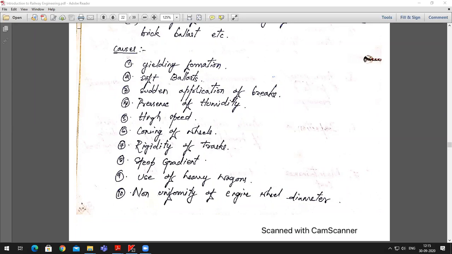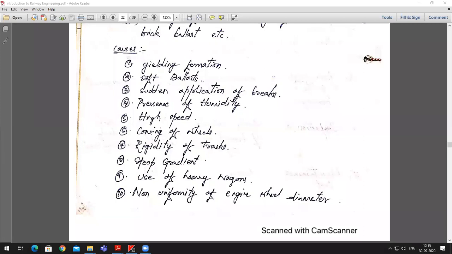Okay, so just because of this, the humidity in the tunnel increases, and this again might be a cause of rail corrugations.